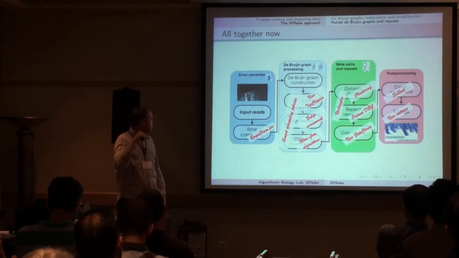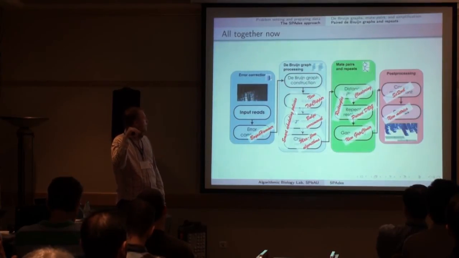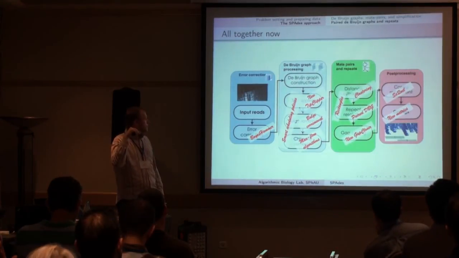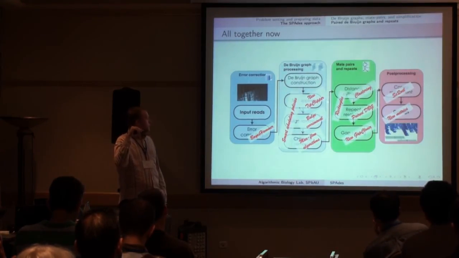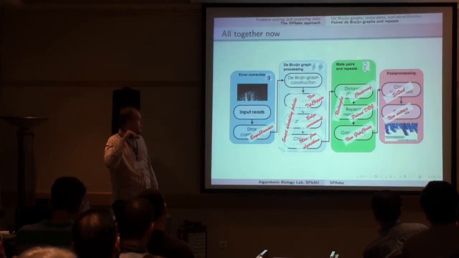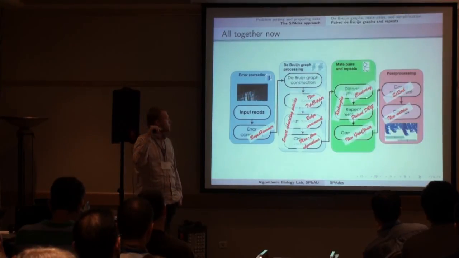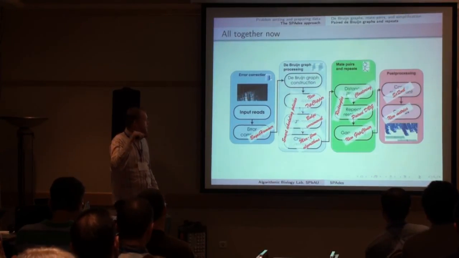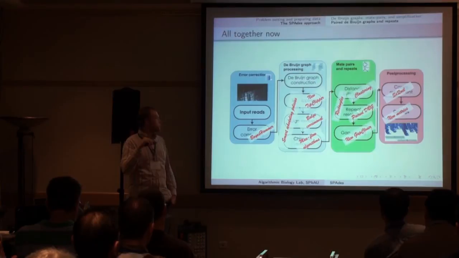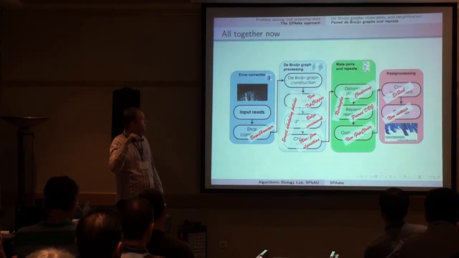So there is a BayesHammer tool for error correction. There are new scheduling policies for correcting the errors here. There is a novel tip clipper that uses gap closing. There is bulge core removal with additional bookkeeping. There are special algorithms for chimeric removal. There is clustering for estimating insert sizes. There are paired de Bruijn graphs as the basic underlying model for repeat resolution. There is a new gap closer here.